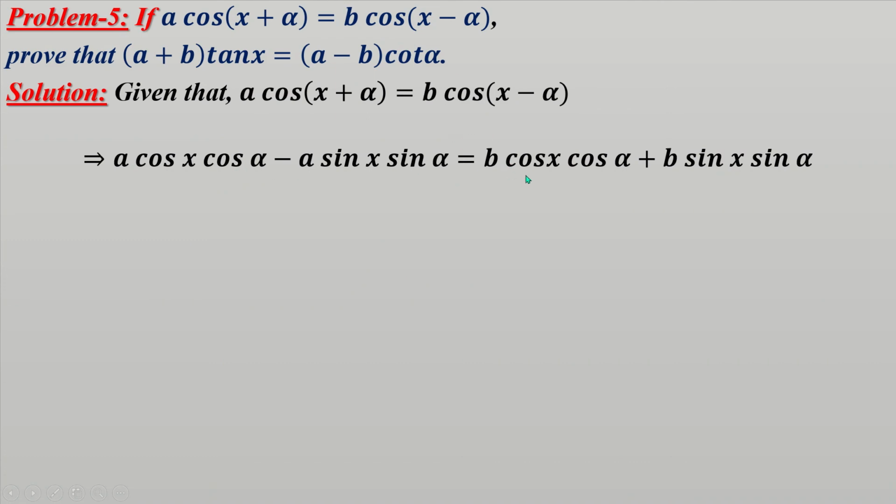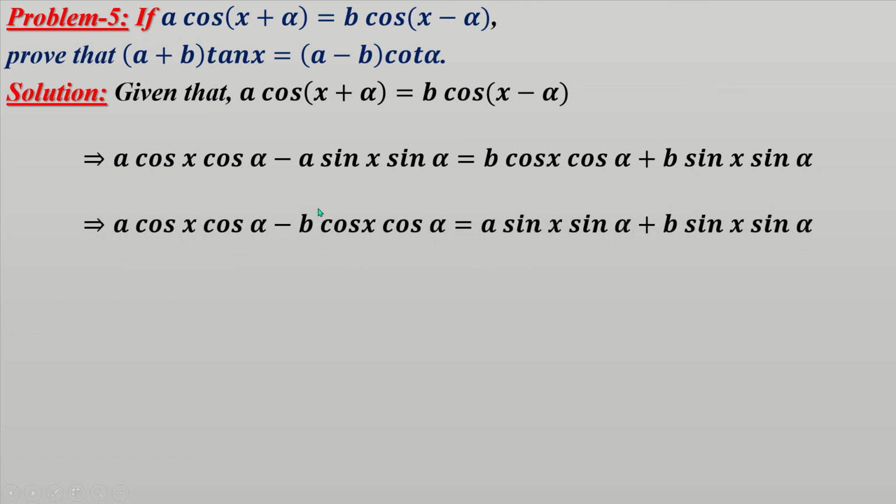Similarly, here will be cos x cos alpha plus sin x sin alpha, and as b is in multiplication, b into cos x cos alpha plus b into sin x sin alpha.